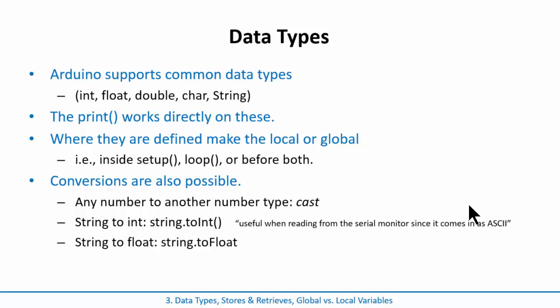You can't use that directly as a number. A better way of saying it is, if you typed in 3 and sent it up the UART, it would be interpreted as the ASCII code for the symbol 3, not necessarily the number 3. So you would have to convert it to int in order to use 3 in an operation.